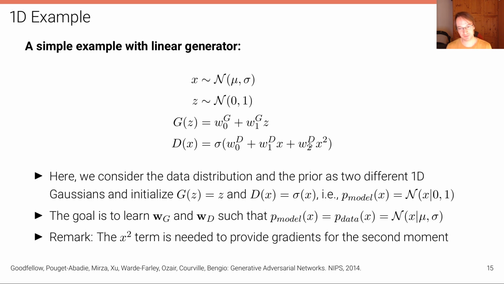Now for the example that you're going to see on the following slides, what I did is I initialized the generator to be the identity. So I've initialized W0 to 0 and W1 to 1. And I've initialized the discriminator to be sigma of x. In other words, W0 is 0, W2 is 0, and W1 D is 1.